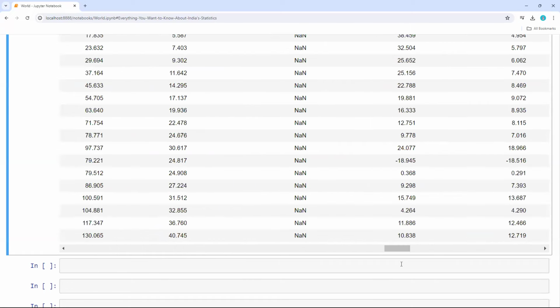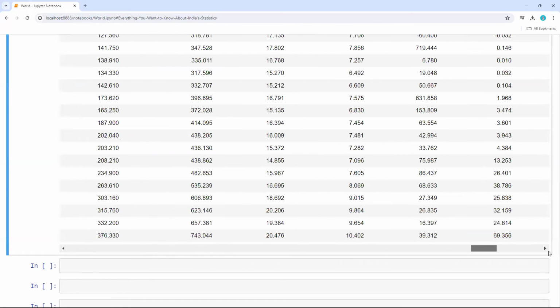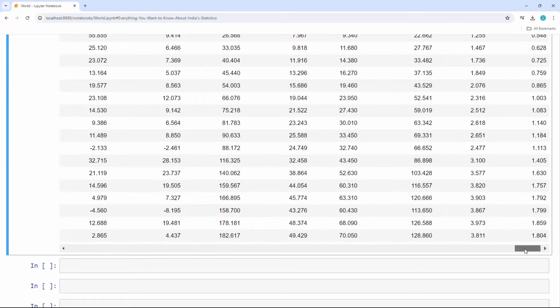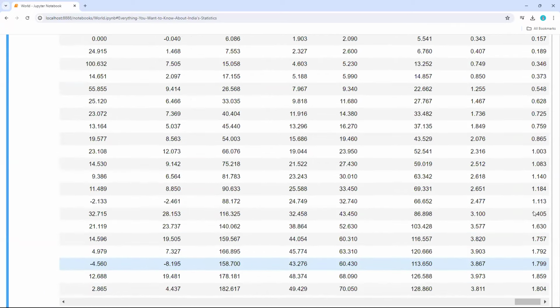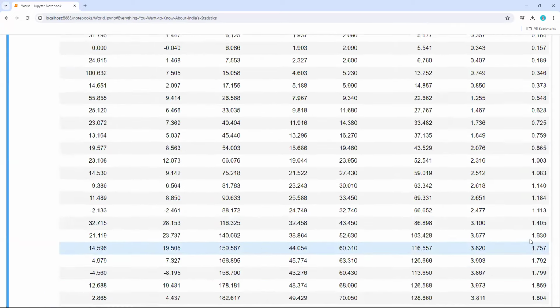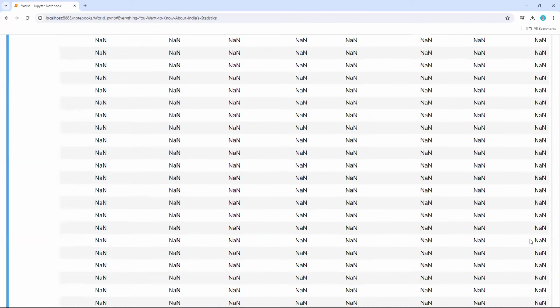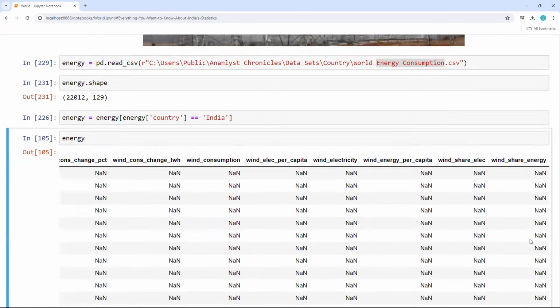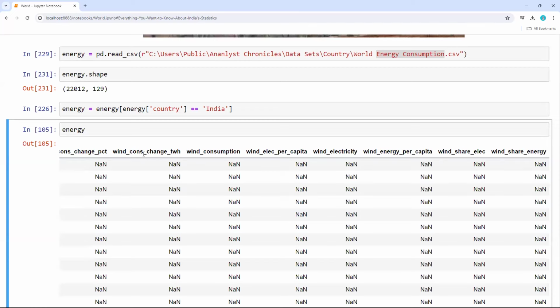data for all the different kinds of sources of energy, wind, and also consumption change, and also how the electricity is produced.